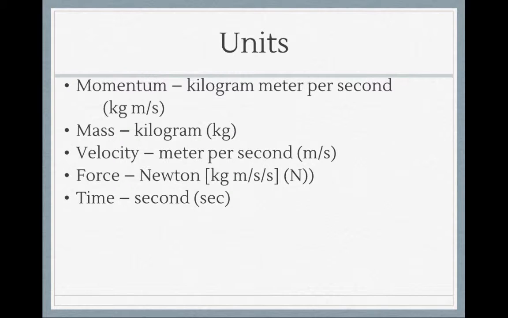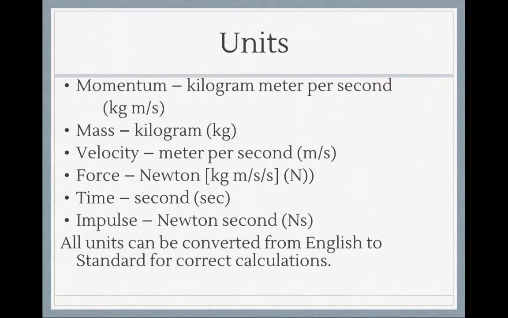Time is in seconds, which we will abbreviate SEC when it is by itself. Impulse is a newton second. All units can be converted from English to standard for correct calculations, so be sure that you have correct units when you do these problems.